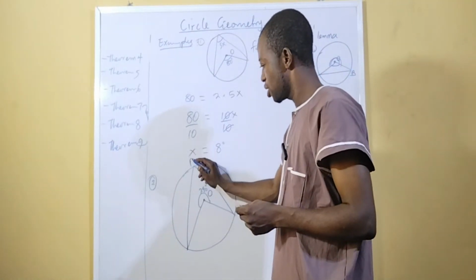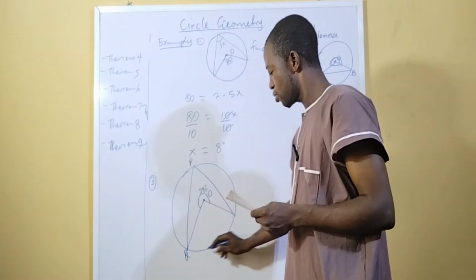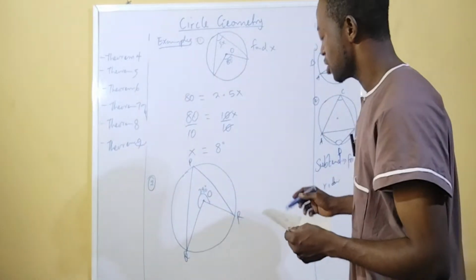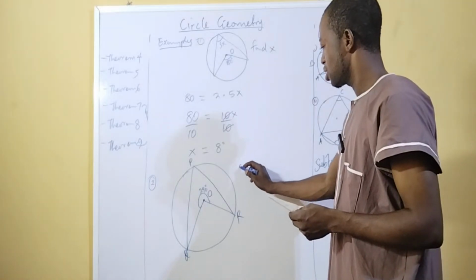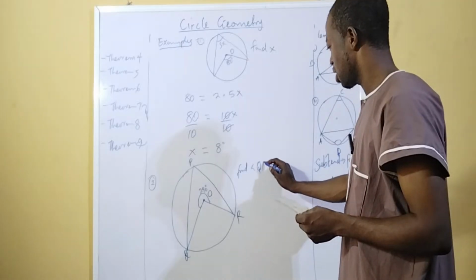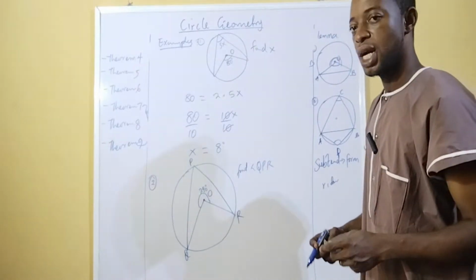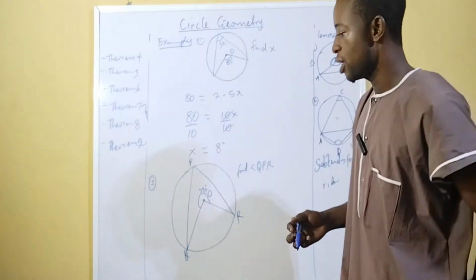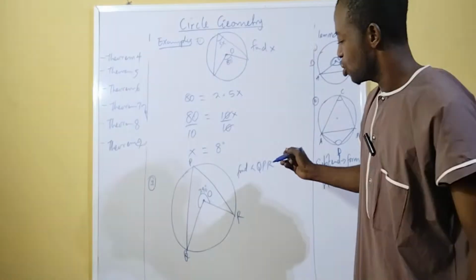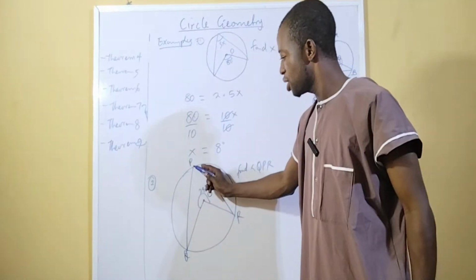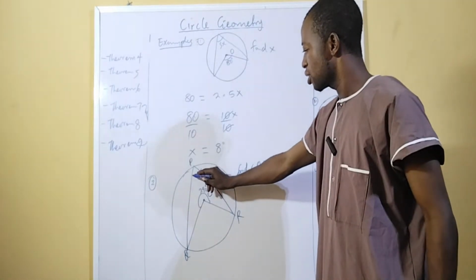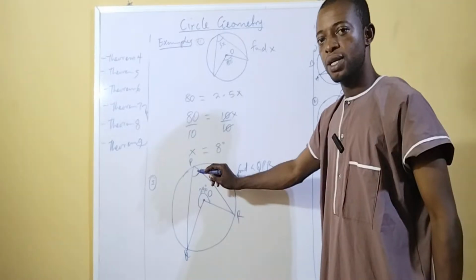This is labeled as P, Q, then R. Okay, and the question says we should find the value of angle QPR. So using 3 letters to label angles, it means the reference point is the letter at the middle. So moving from Q to P, then from P to R. So this angle is what we are finding. And this angle is the angle at the circumference.